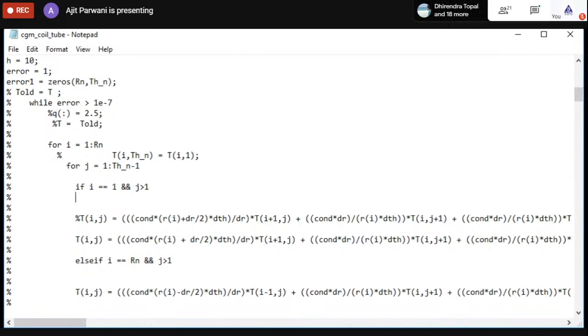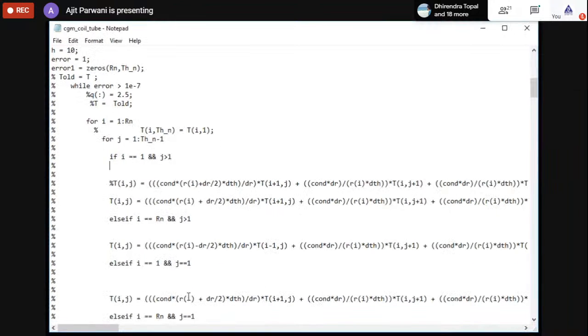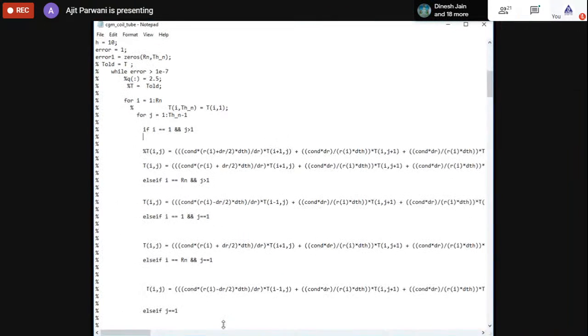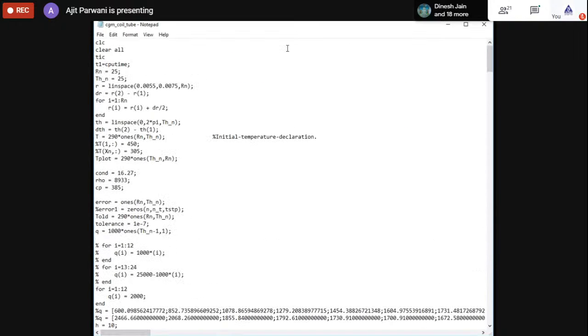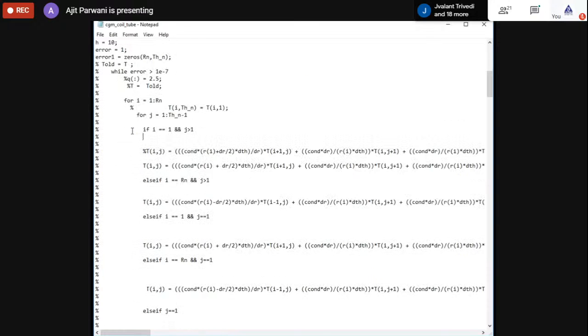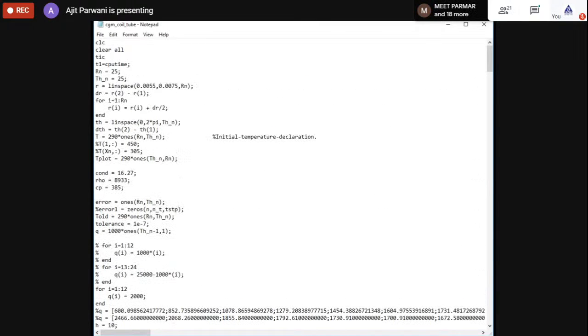Is my screen visible? Yes, sir. So it's a MATLAB program with a coil tube, in the angular direction. I have just discussed the Cartesian coordinates, but this program is prepared in angular coordinates. First of all, I have to define theta here, and in the Cartesian case we first define the grid points in the x direction or the y direction.